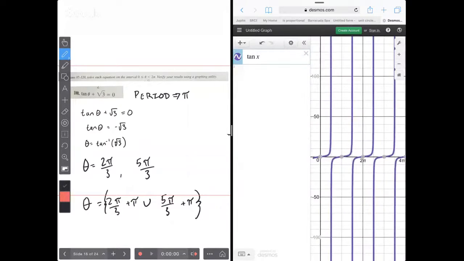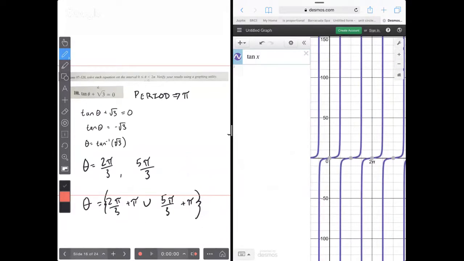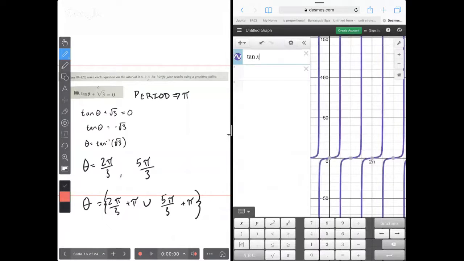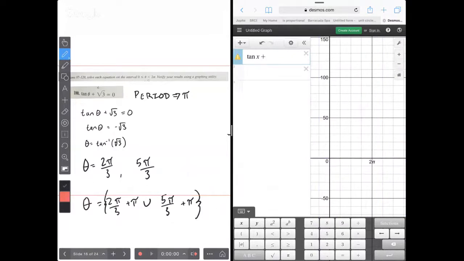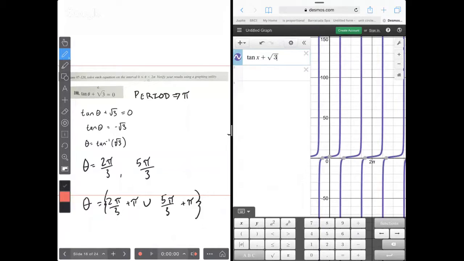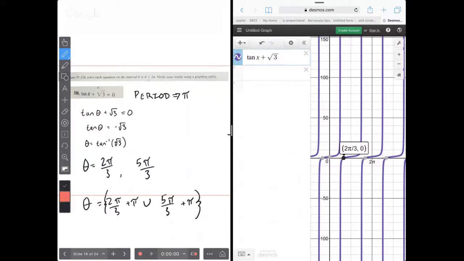See how it repeats every pi? Right, Richard? That's true, Ben. Tangent and cotangent both have periods of pi. And we want tan of theta plus root 3 to equal 0. So that happened at 2 pi over 3 and at 5 pi over 3. There it is.